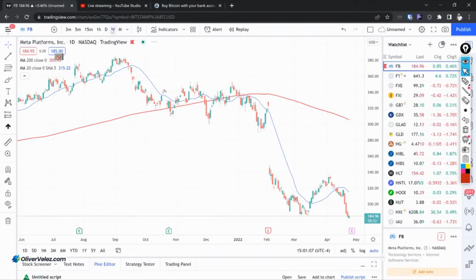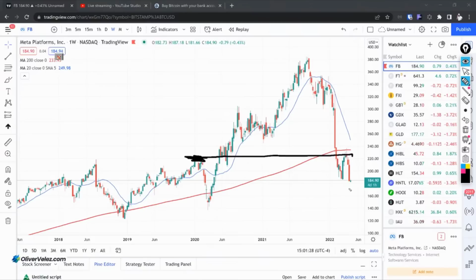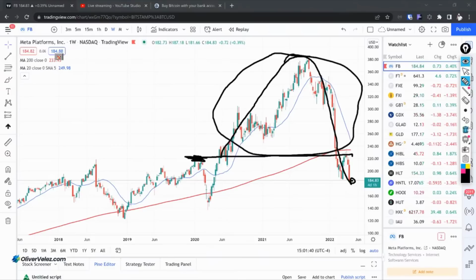Let's take a look at Facebook. And let's look at it from this perspective. Now look at this, guys. Let's look at Meta. All right? Now take a look at this. This is pre-COVID. That's before COVID. We're under. This is billions upon billions of dollars that have crashed. Okay? Liquidity has been removed from the system.